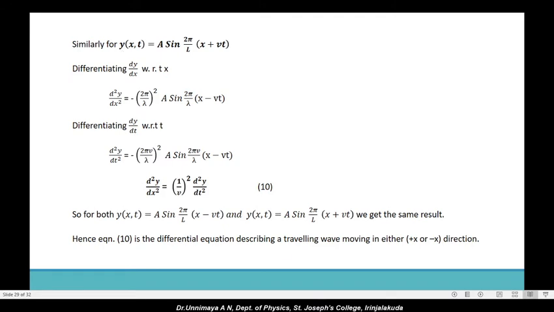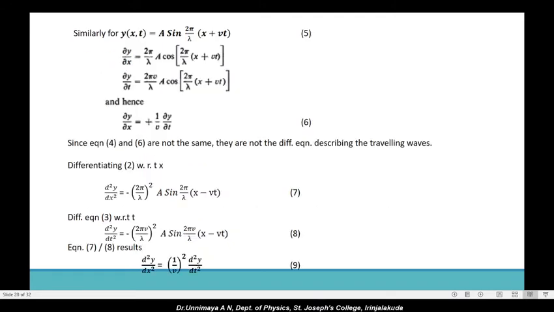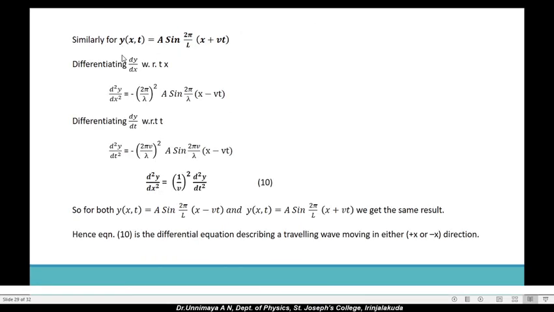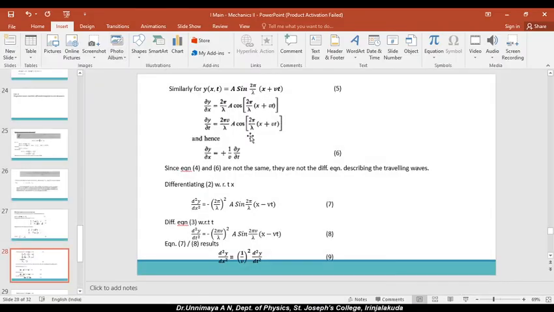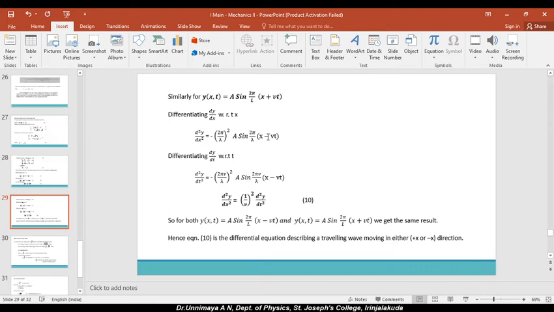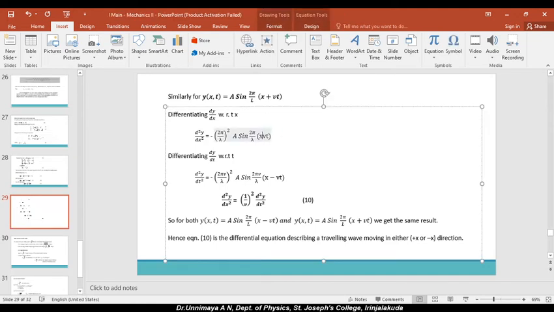Differentiating with respect to time, we get dou square y by dou x square equal to minus 2 pi by lambda whole square a sin 2 pi by lambda x plus vt.